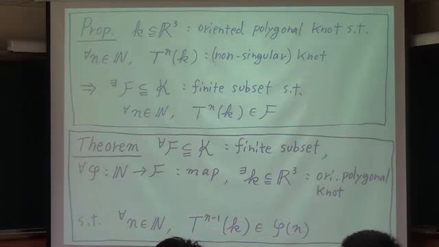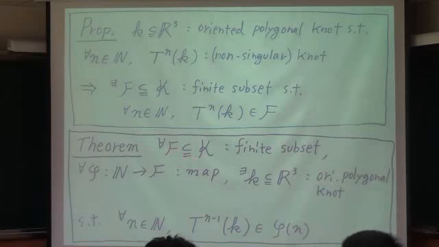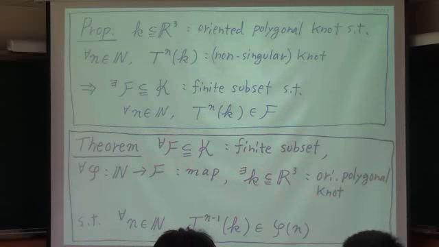So any requested infinite sequence phi of knots, as long as they are all contained in some finite subset, can be realized by some K.